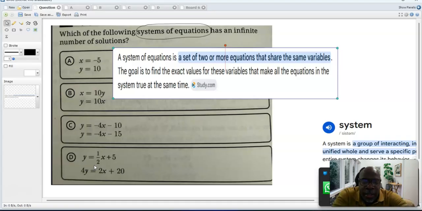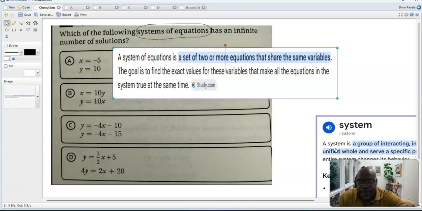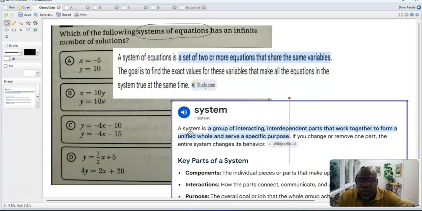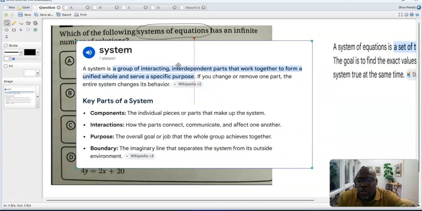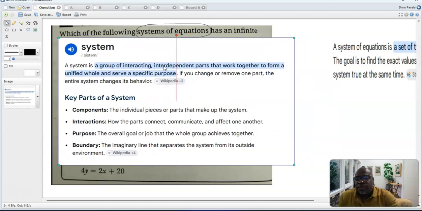So let's proceed further. But we must look at the definition for the word system. Why is it called a system? Now, a system is a group of interacting, interdependent parts.